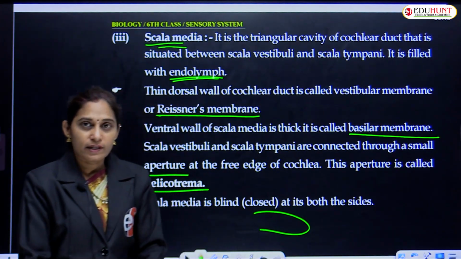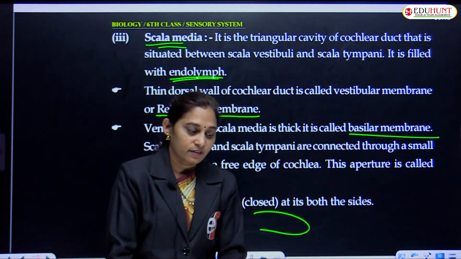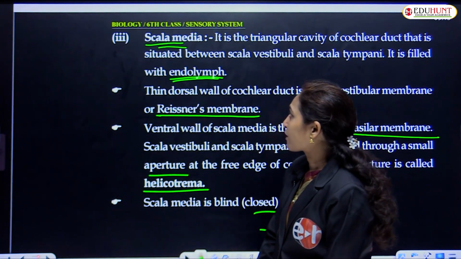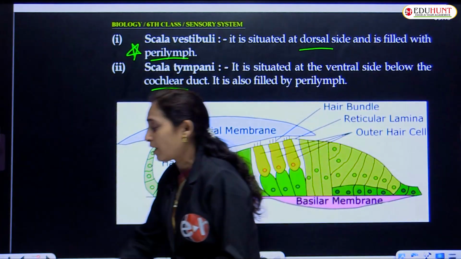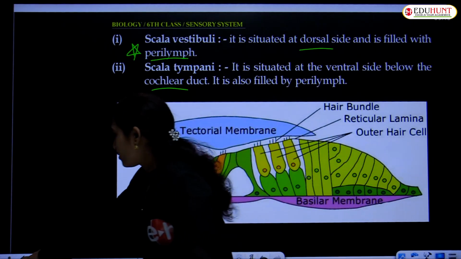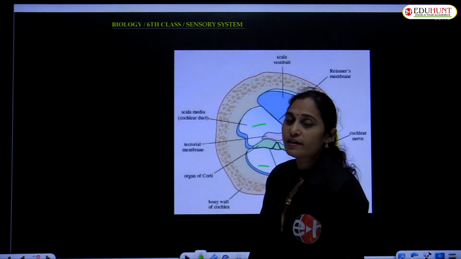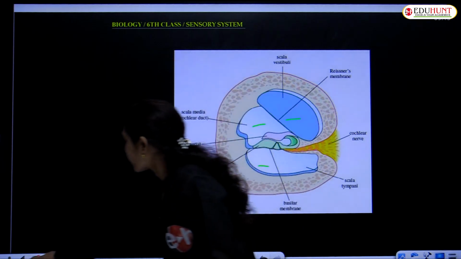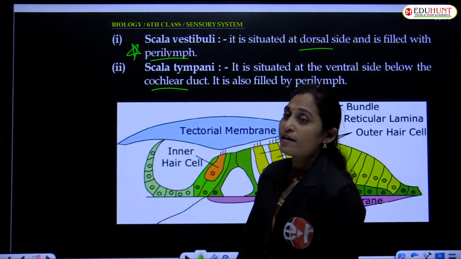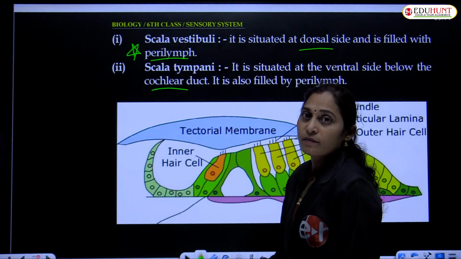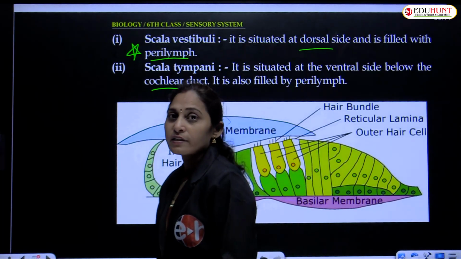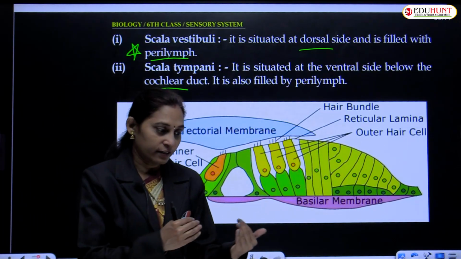Anyway, the cochlear canal consists of the various chambers called the scala vestibuli, scala tympani and scala media. Scala vestibuli is present on the dorsal side and has perilymph, and the scala tympani is on the ventral side.